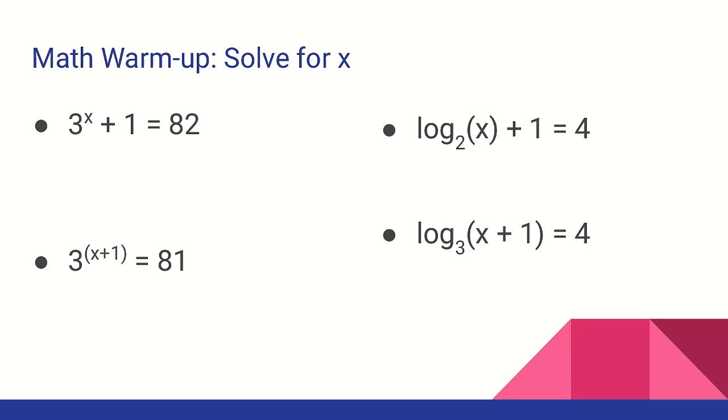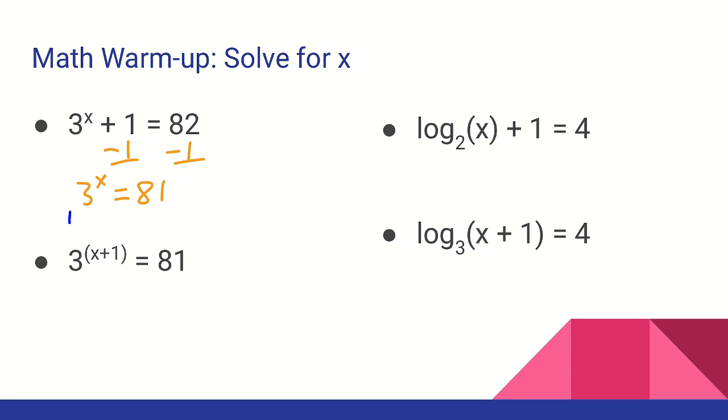So in order to solve for x in this problem, we first need to subtract 1 from both sides so that we have that 3 to the x power by itself. It's 3 to the x now equals 81. And we might be able to look at this and guess and check what the answer is.